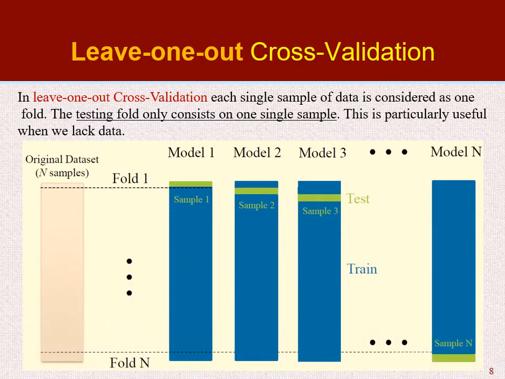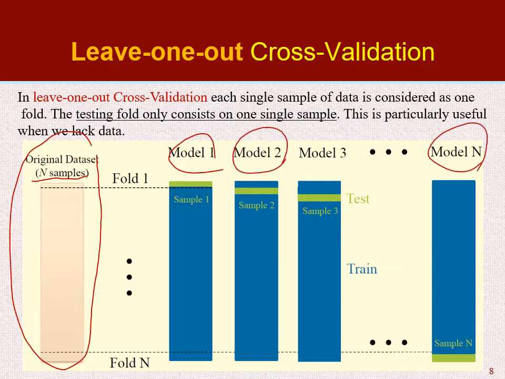So here we have our whole data. We have n data points or n samples. What we are going to do is create n different models here. And in each model, we're going to pick only one data point as test. For example, this is the first fold for test, and the rest is going to be for training.